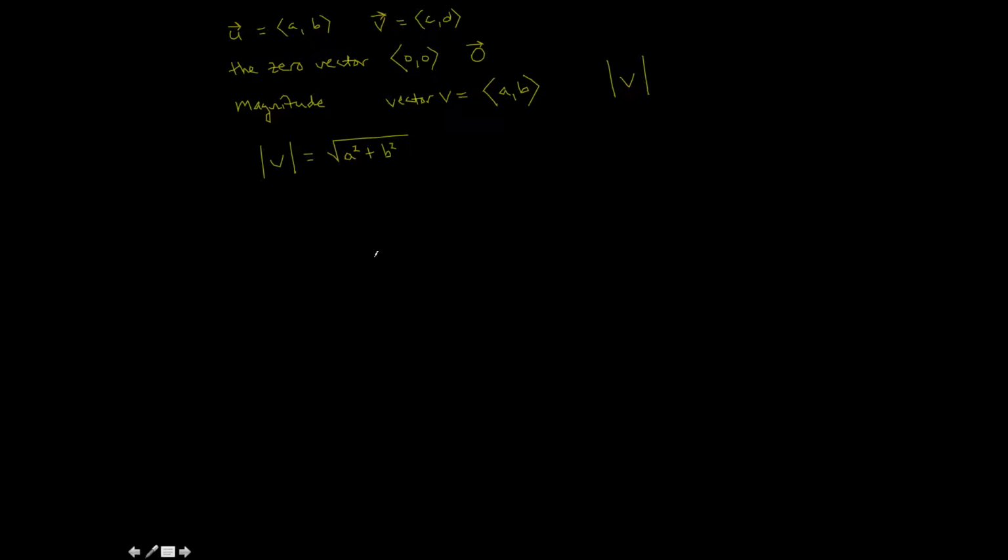In case you get a negative number because you're in a negative quadrant, because these are all drawn in quadrants, remember, you have to take the absolute value so that that distance is always positive.